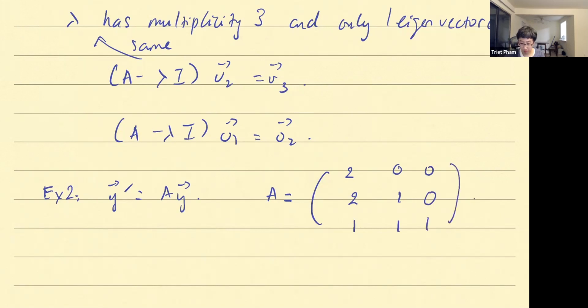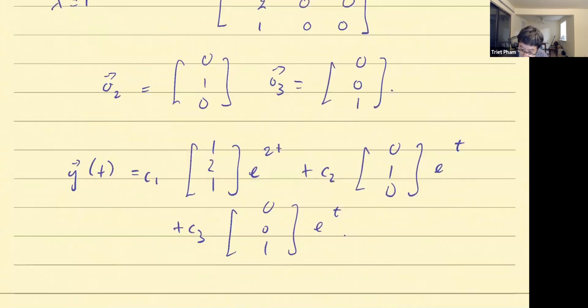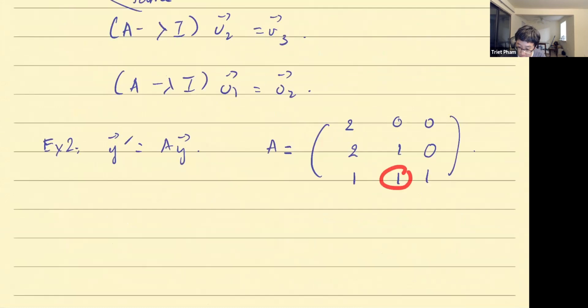This is the second example. The difference is that here I changed the 0 to a 1. Same system, but I changed it to a 1, and it'll make a whole big difference.